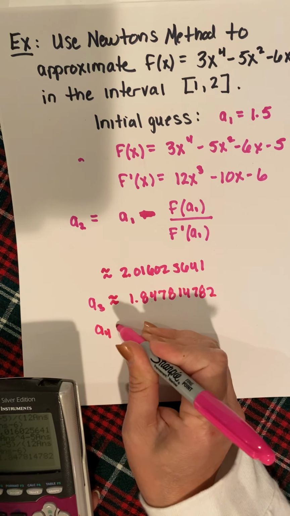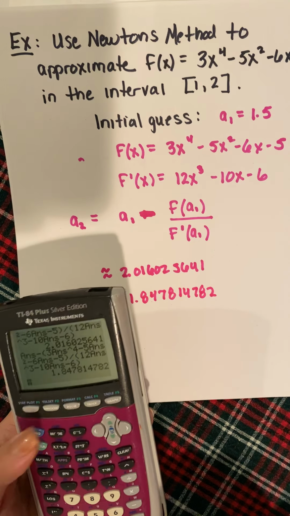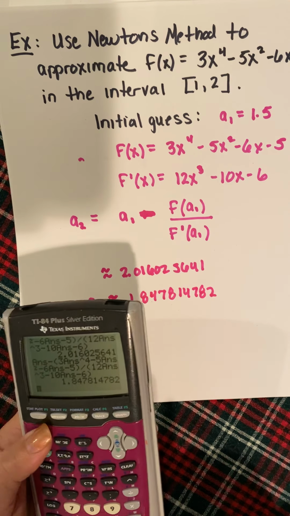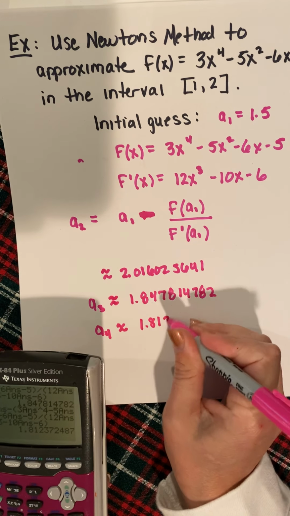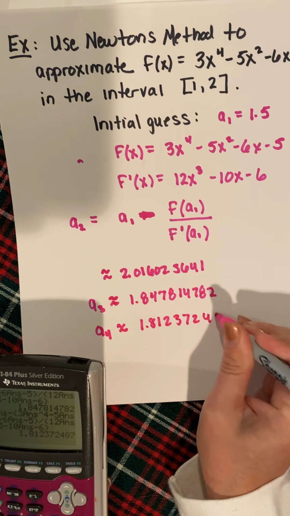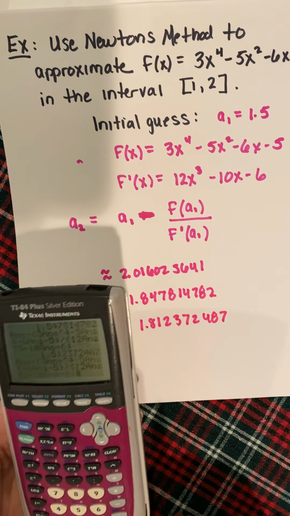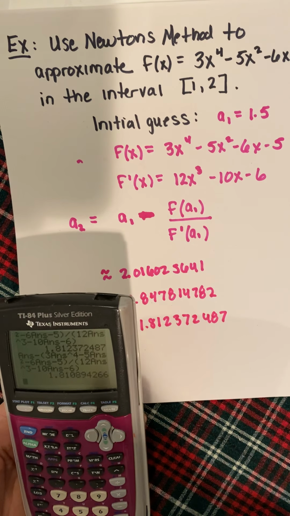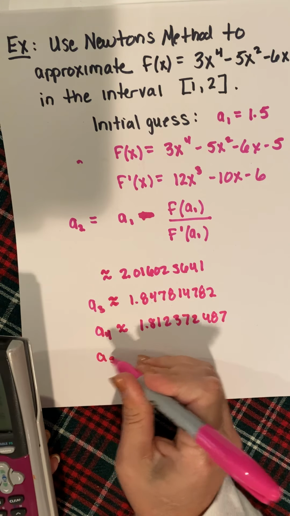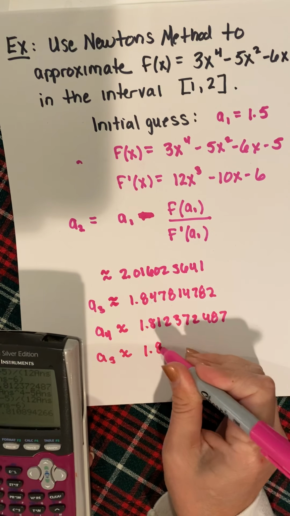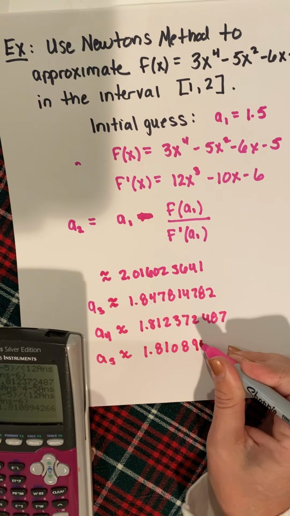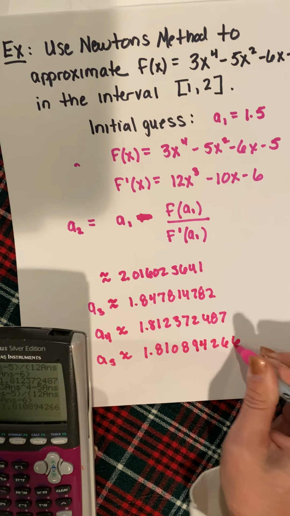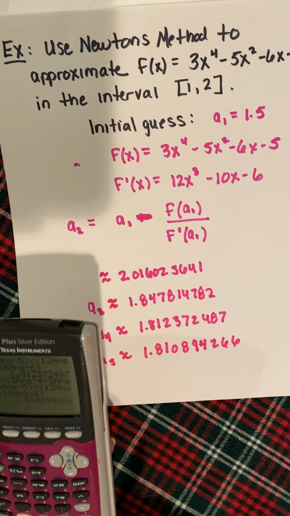And then I'm going to repeat the process. I'm just going to do second enter, and I get 1.81237247. Second enter, enter. And I'm going to start seeing some consistency in these numbers. They're going to start looking more and more alike. I'm going to hit enter again.